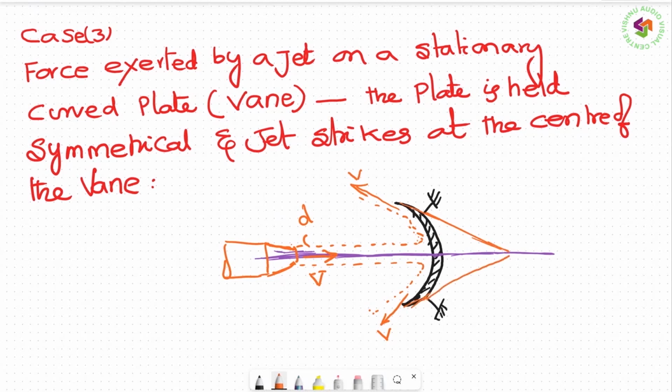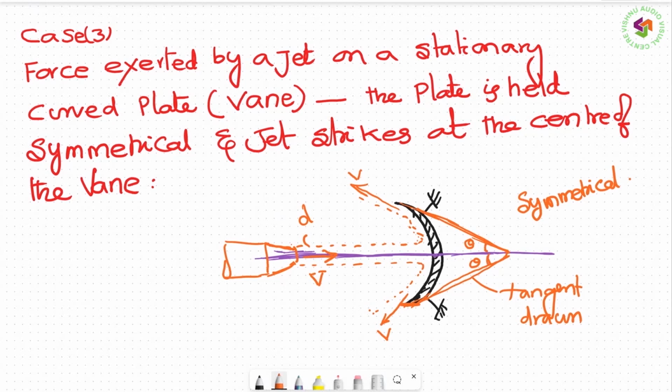If I draw a tangent at the tips, these are nothing but the tangents drawn. So this angle is theta, this angle is also theta. If both angles are the same, then we call it symmetrical. If these angles are different, then we call it unsymmetrical. So kindly remember that symmetrical means both the angles are the same.